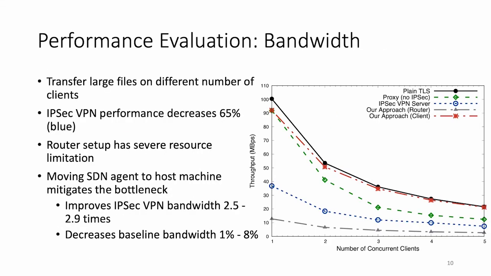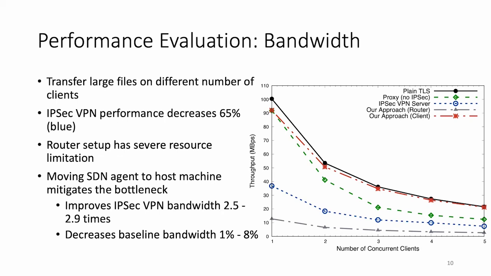We also evaluate how bandwidth can benefit from our system. We simulate an enterprise network setup, which has a VPN service running on a general-purpose server rather than dedicated VPN hardware. The bandwidth is evaluated by clients downloading large files from a web server. We vary the number of clients from 1 to 5 to show the bottlenecks.